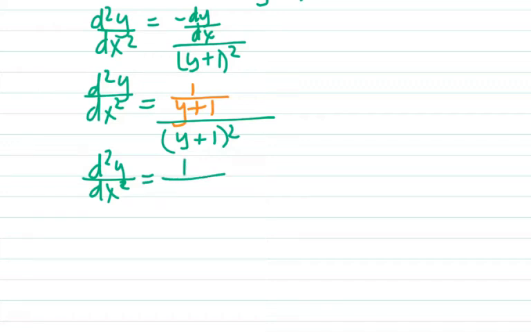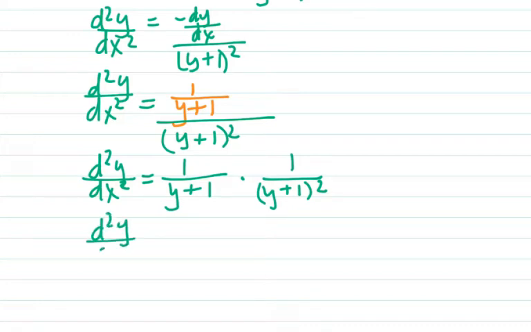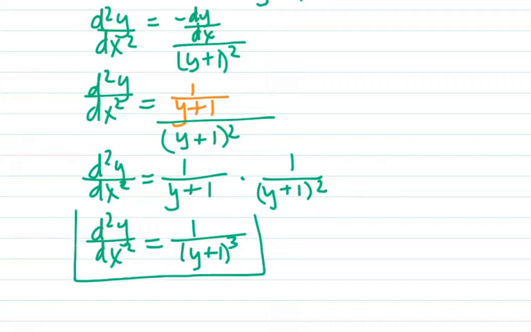So I'm going to have 1 over y plus 1 times, pull out that denominator. And now we can conveniently simplify this. That's just going to be 1 over y plus 1 cubed. And there's not really anything else we can do to simplify that. That's about as nice as it's going to get. And that's all we have for the first example.